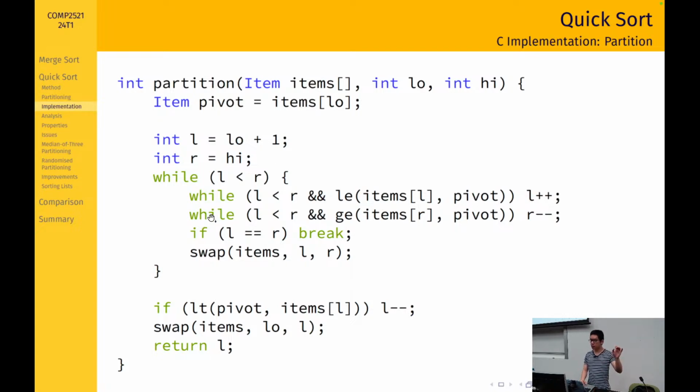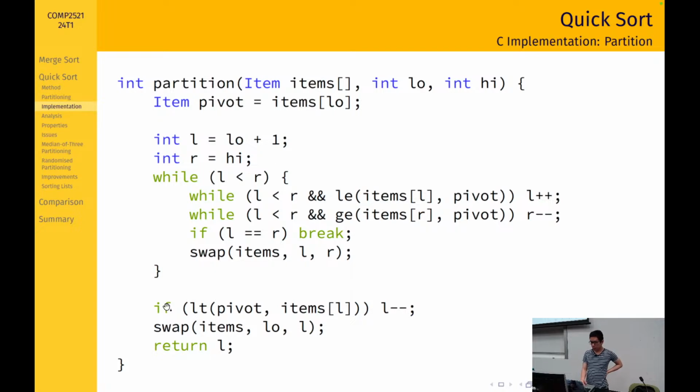Then the second inner loop decrements the right pointer while the element at that pointer is greater than or equal to the pivot. Now if the pointers have met in the middle, then we break. Otherwise, we swap the two items, and then we go back around and do it again.